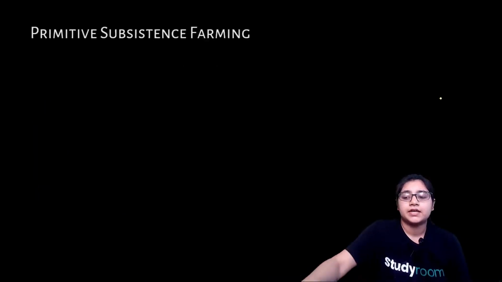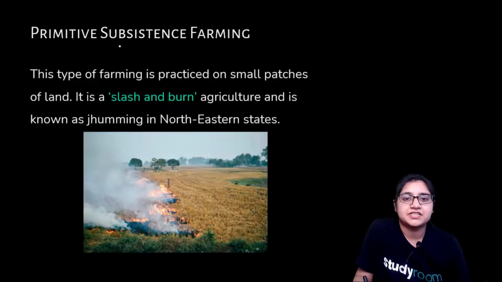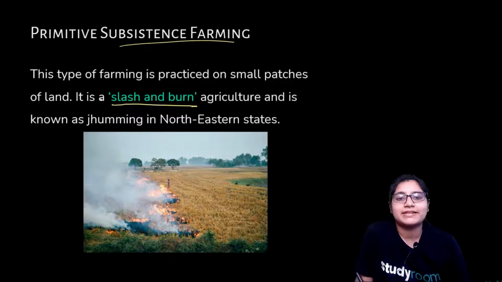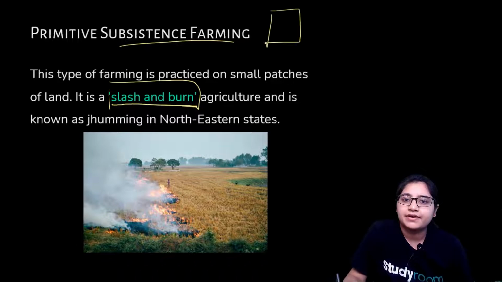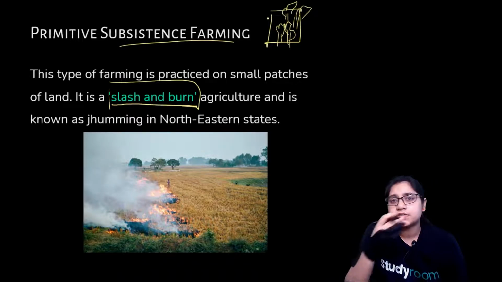All right. Here is primitive subsistence farming. And there is a very prominent example, that is slash and burn. What do you mean by slash and burn? So they used to take up a land, grow their crops over the years, one after the other year.